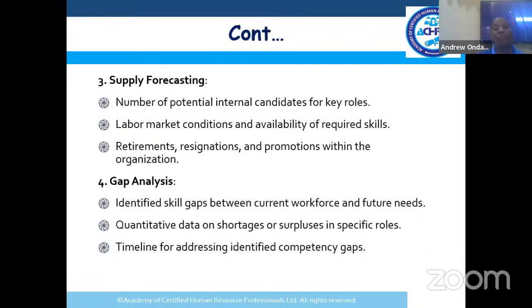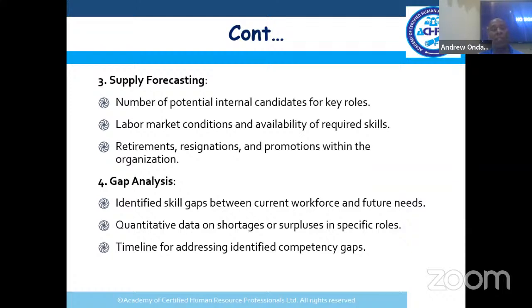Then number 3 is supply forecasting. Supply is the number of people we are likely to have compared to demand, where demand is the people we are likely to require. Supply is the number we are likely to have in the future.